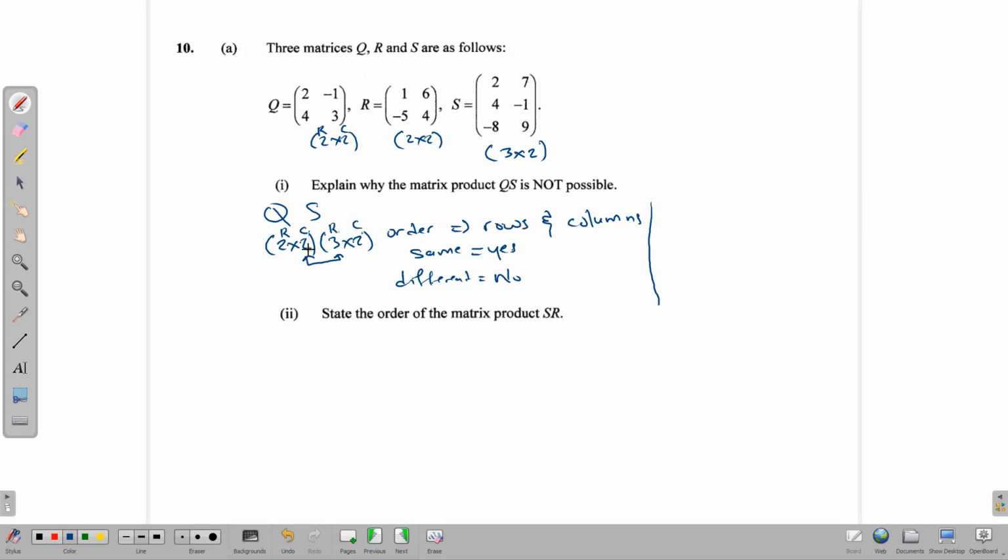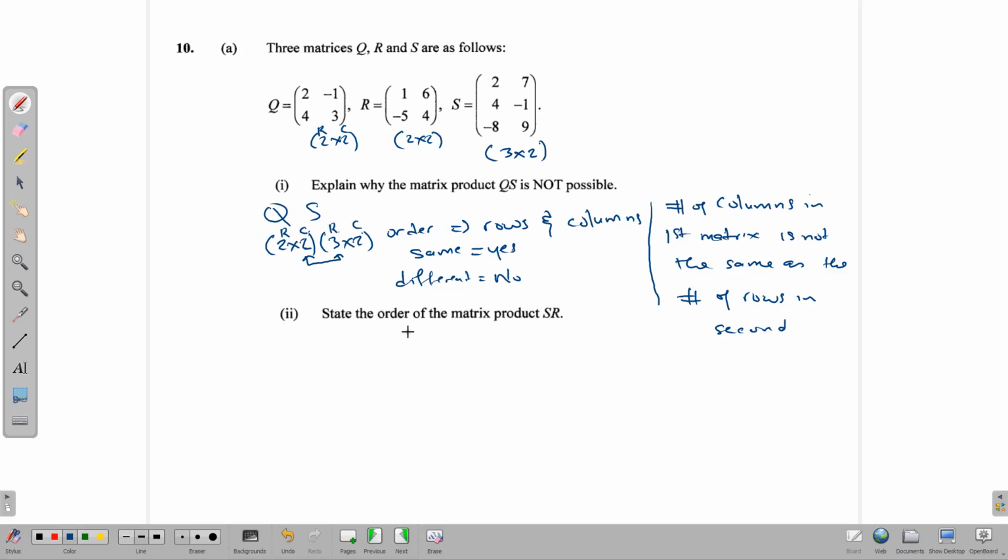So the idea is, if the number of columns in the first matrix is not the same as the number of rows in the second, so the number of columns in Q is not the same as the number of rows in S, that is why it's not possible to multiply. And in that case, you'll have a mismatch when you're trying to multiply them.